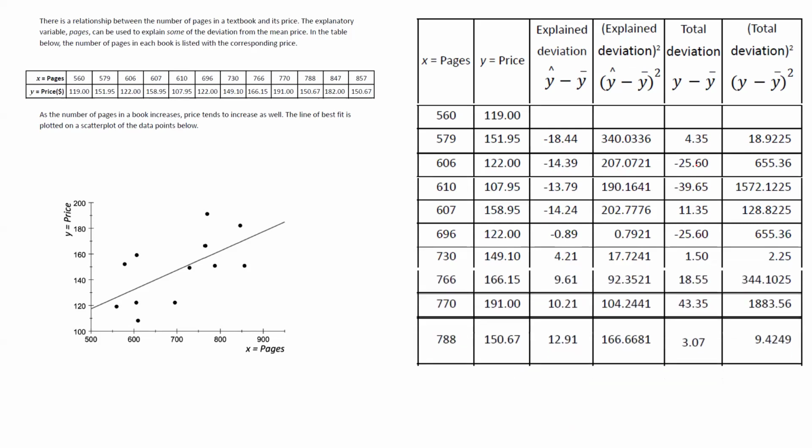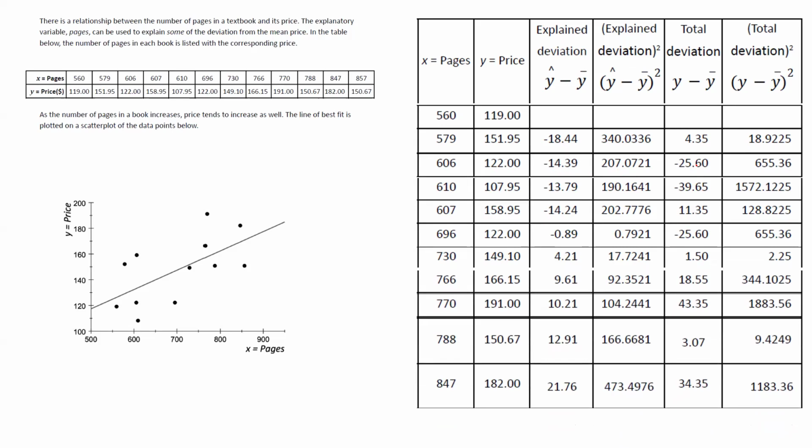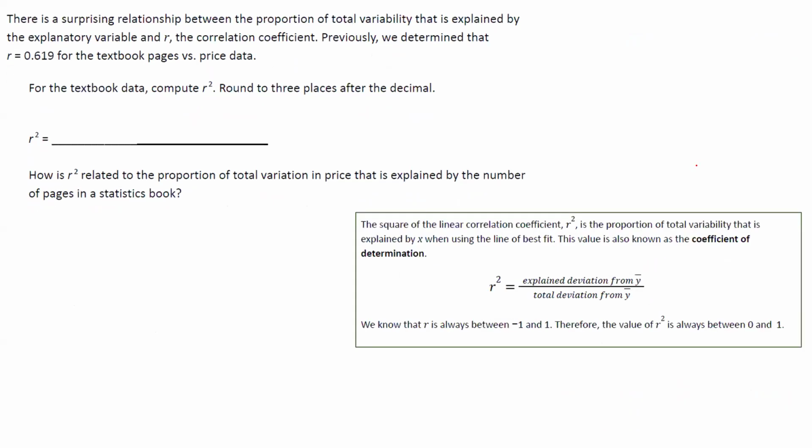What's the point of this? After doing these calculations, we're going to form R squared. The square of the linear correlation coefficient, R squared, is the proportion of total variability that is explained by x when using the line of best fit.